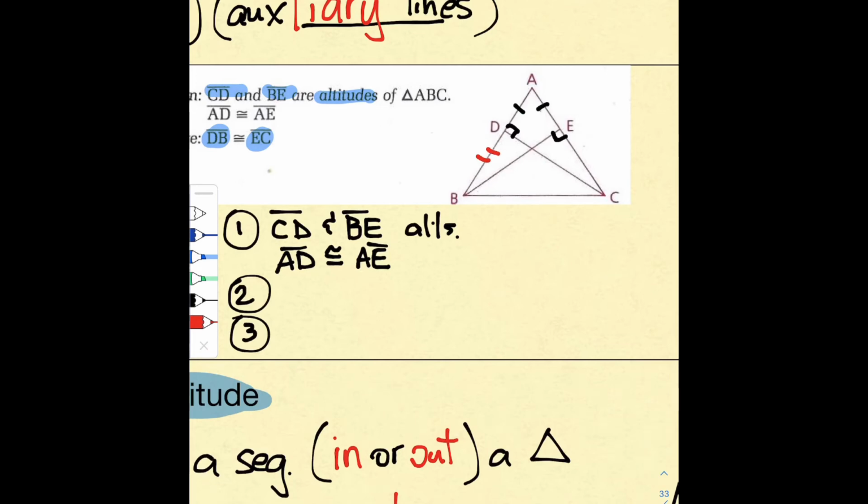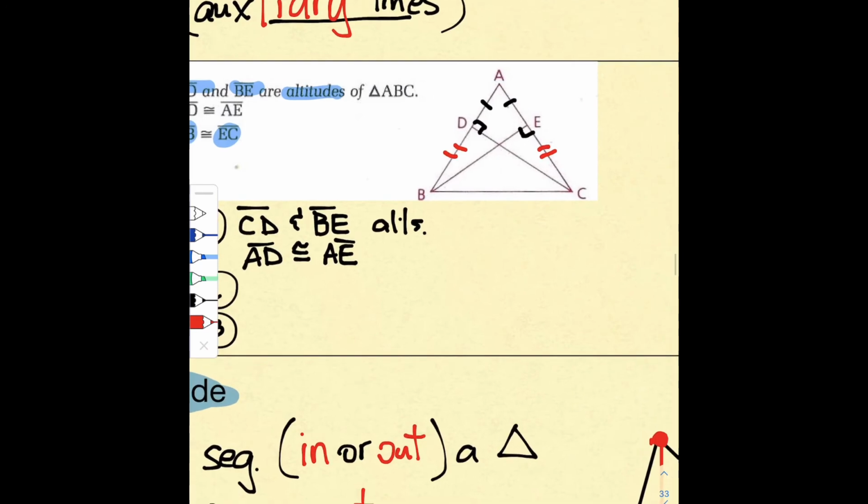We're trying to show, so I'm going to change the color, that this side is congruent to this side, DE. All right, well, to do that, I think we're going to have to get some triangles congruent to each other. Now, there's lots of different triangles. You could, for example, try working with these triangles, but that wouldn't work.